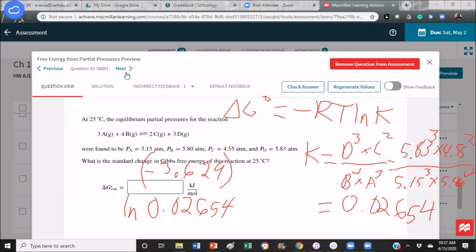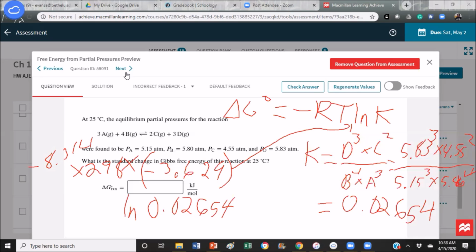Now I'm plugging that into here. So we have to just keep evaluating. So that whole thing is times 298. That whole thing is times negative 8.314. So times 298 times negative 8.314.